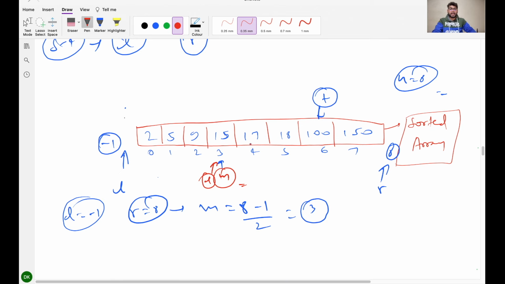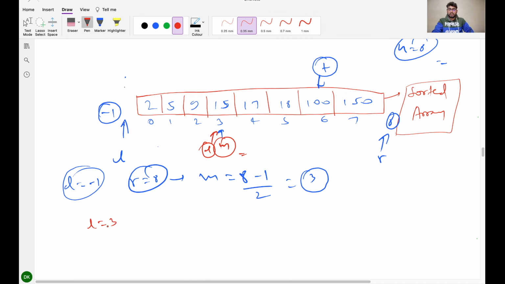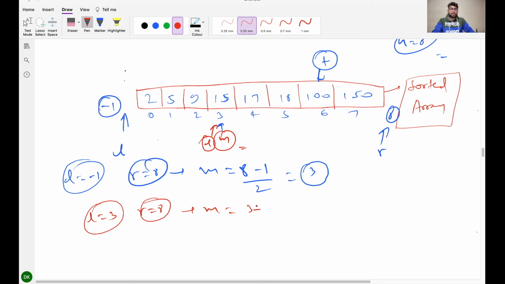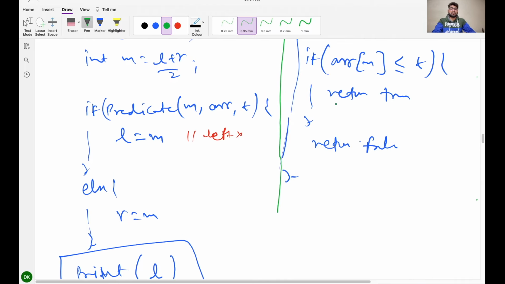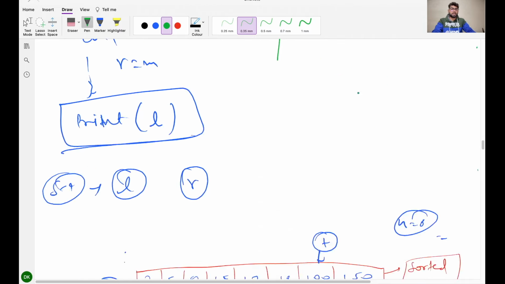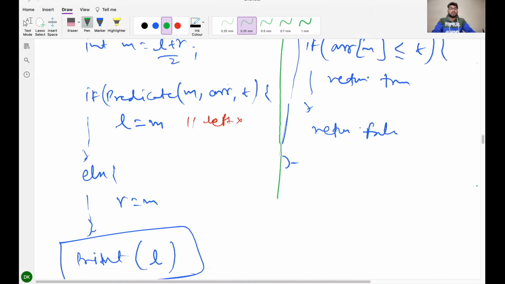Okay, and again now my updated L is 3, my R is 8. So again my middle element would be (3 plus 8) divided by 2, that is 5. So again I find my middle element and call the predicate function, and in the predicate function we check if my array[M] is less than or equal to my target element.